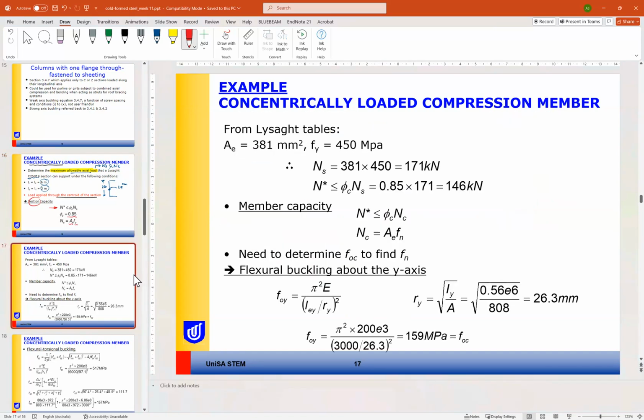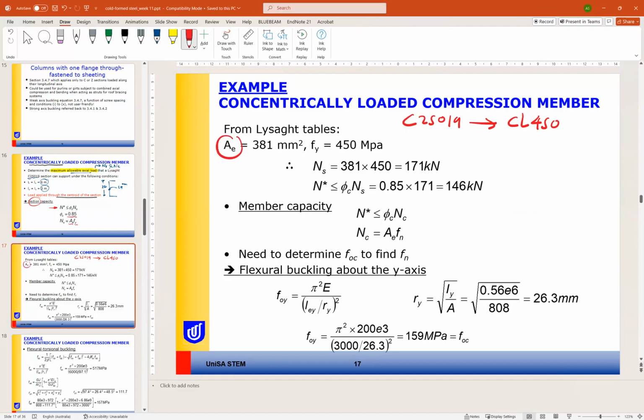From the Lysaght tables for C25019, grade CL450, the grade is 450.